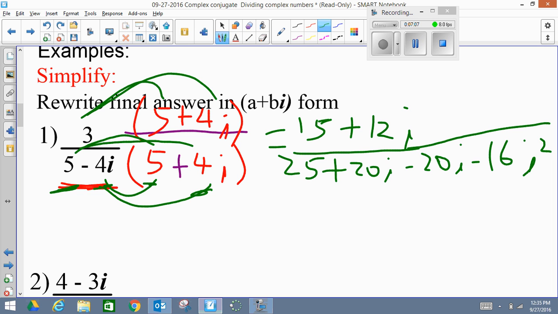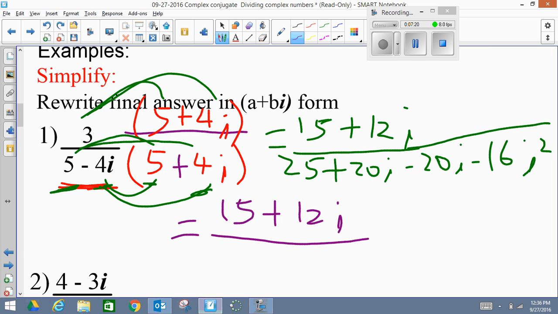So let me simplify. Equals the top, 15 plus 12i, nothing that I can do. They're not like terms, so I keep them both. 15 plus 12i. The bottom, 25, nothing that I can combine it with. But let's look at the 20i minus 20i. Same thing as in the problem from the top, these two are going to cancel.